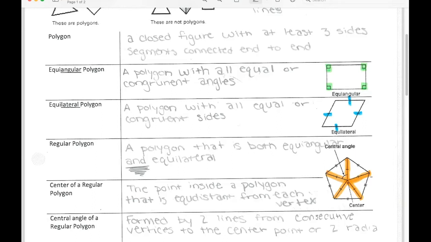That's formed by the 2 lines from the consecutive vertices, the vertices that are next to each other, and they both go to that center point. And we're also going to talk about and measure those central angles today.